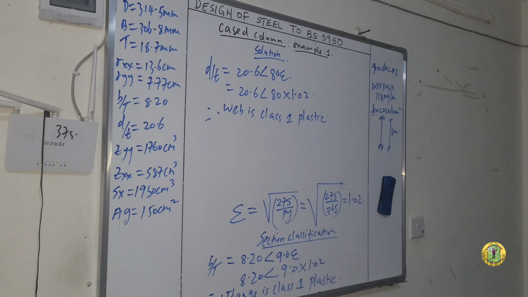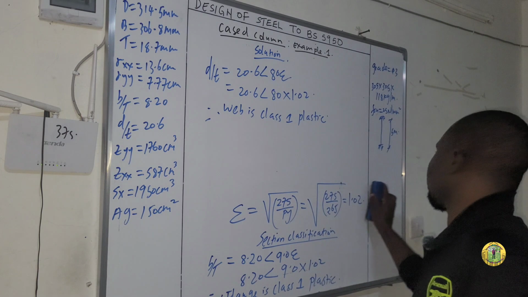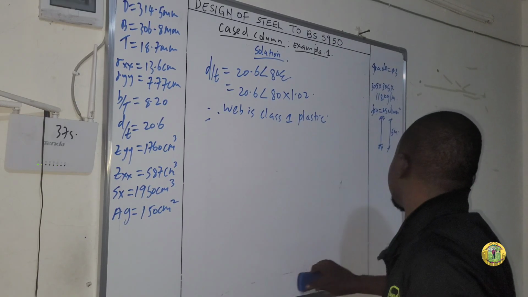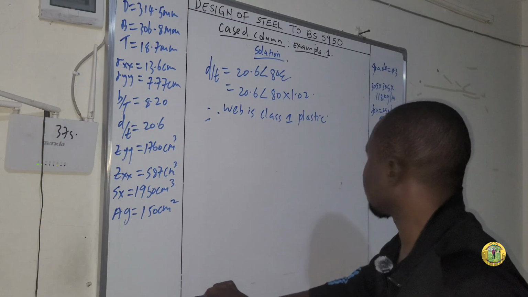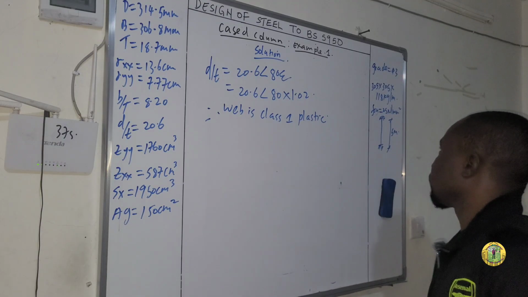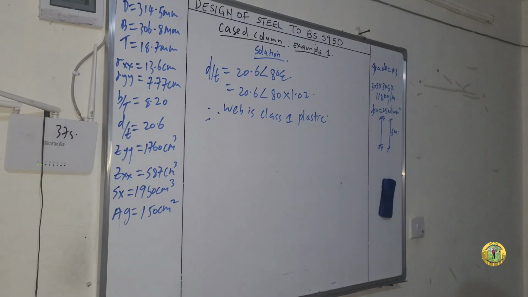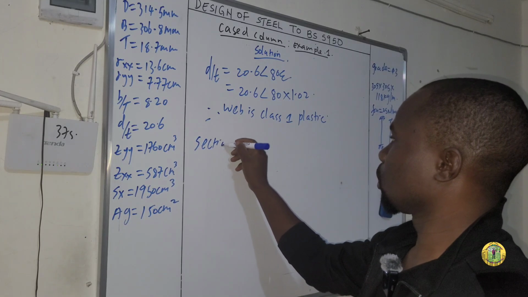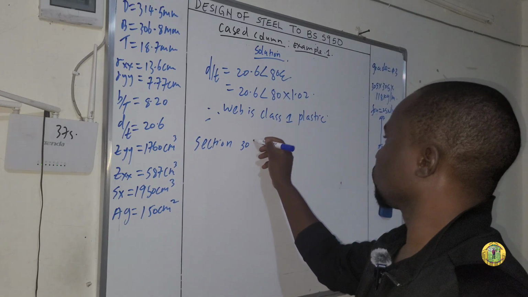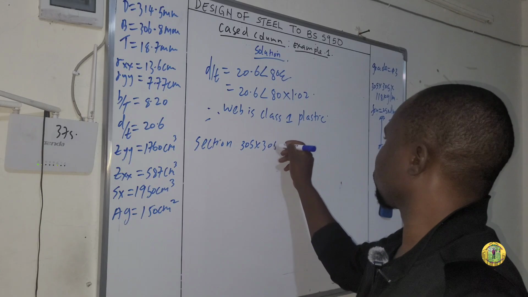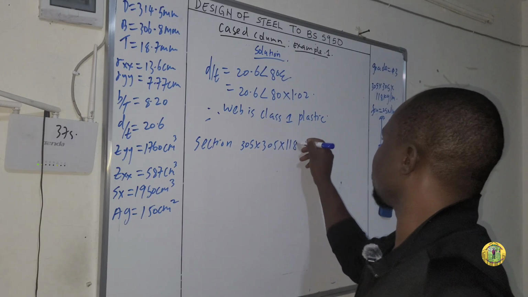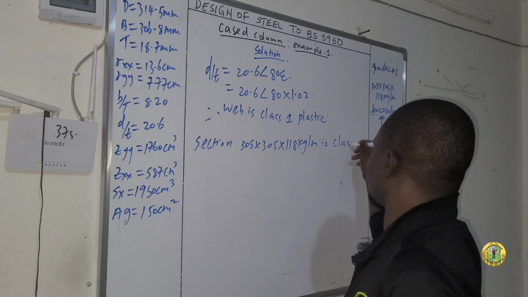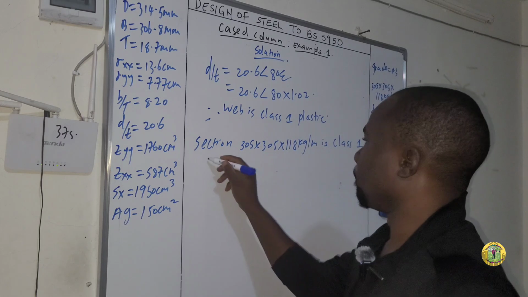As simple as that. And then we'll say the section, which is 305 by 305 by 118 kilogram per meter, is class 1 plastic.